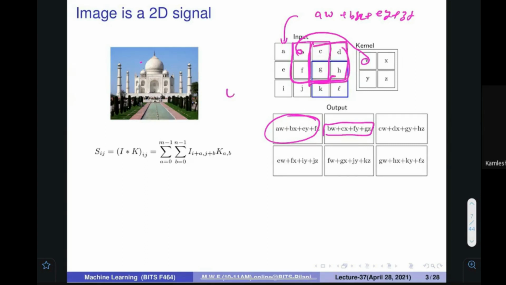So the original image was 4 cross 4, but actually you get the output that is 2 cross 3. Why? Because I think it was not 4 cross 4, it was 3 cross 4. So it is 2 cross 3, because when you put it into this particular line, after that you cannot slide this particular kernel. So you are going to get something of different size, but this is the output you are going to achieve.